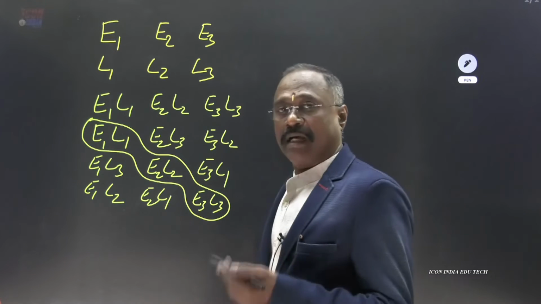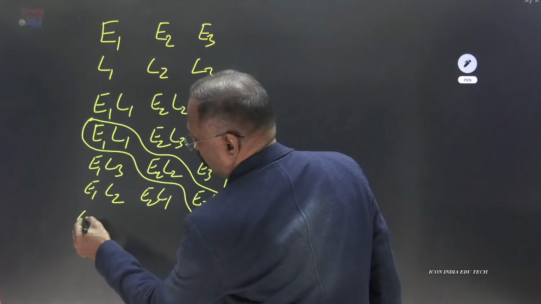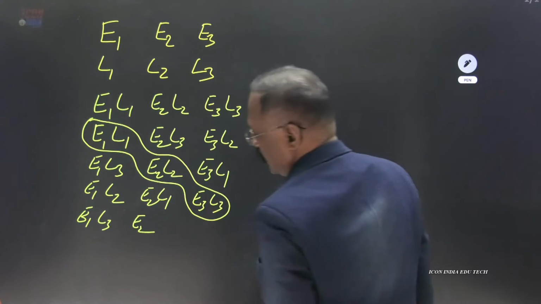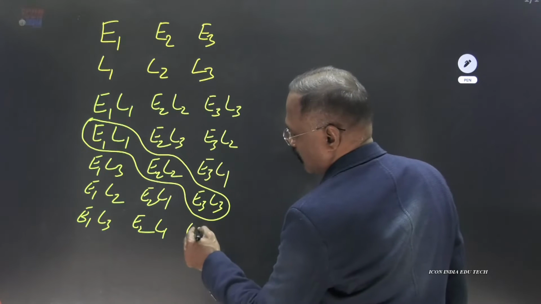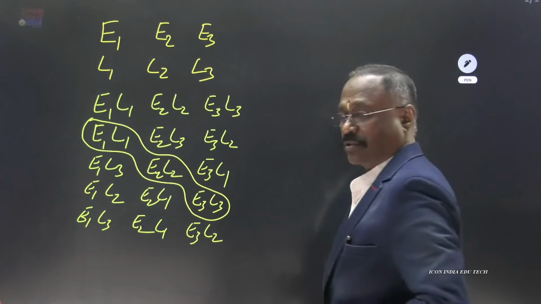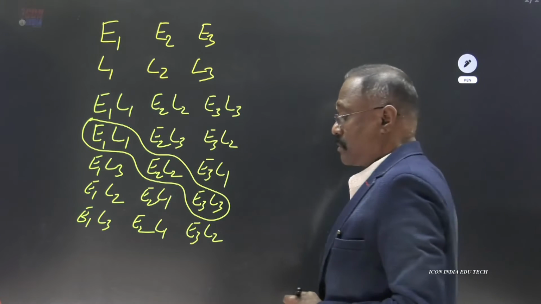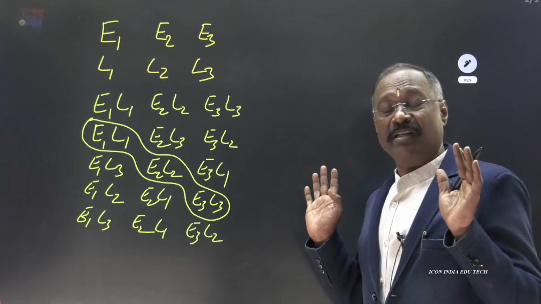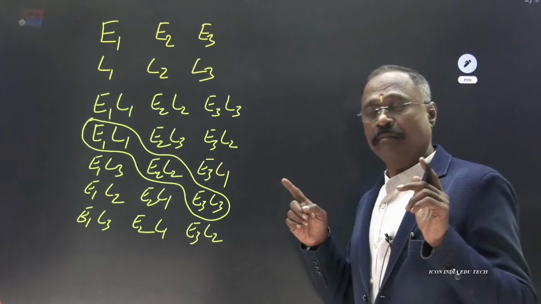Now, let us try others, like E1 L3, E2 L1, E3 L2. If you observe properly, no letter is placed in the right envelope. Understand that. That is nothing but the de-arrangement.